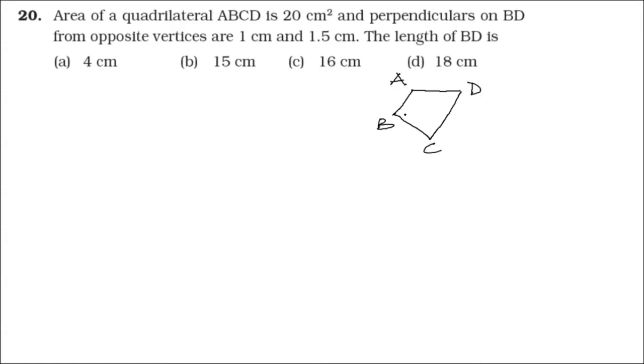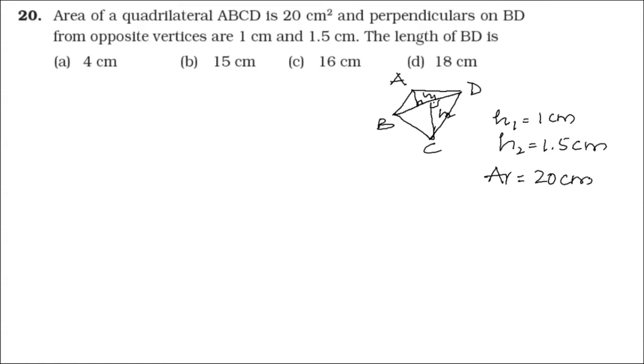Let me consider the diagonal BD. This is one of the altitudes. This is another altitude, H2. As per the given question, H1 is 1 centimeter, H2 is 1.5 centimeters, and they have given area 20 centimeter square.